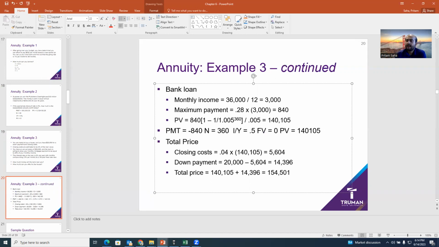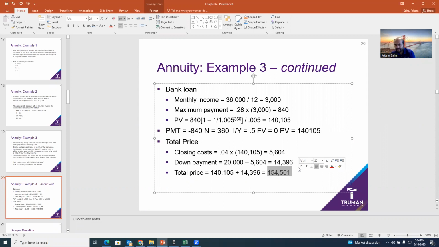Now here's the deal. 140,105 is the max loan the bank will give us. Closing cost is 4% of this much, 5,604. We have $20,000 for closing cost and down payment, so 20,000 minus this value is my down payment. This loan plus the down payment is the max total price I can afford.